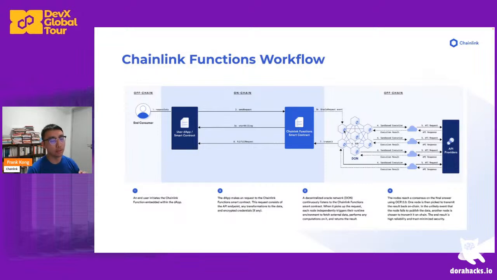The nodes in the network will aggregate these results together and get a final report like before, and submit this final report to the Chainlink Functions smart contract. Chainlink Functions will verify this result and then fulfill it back to the consumer smart contract.